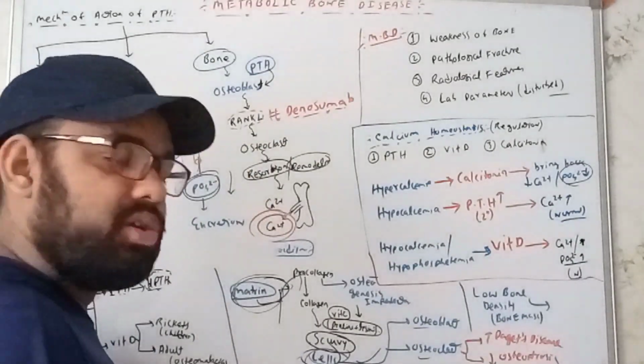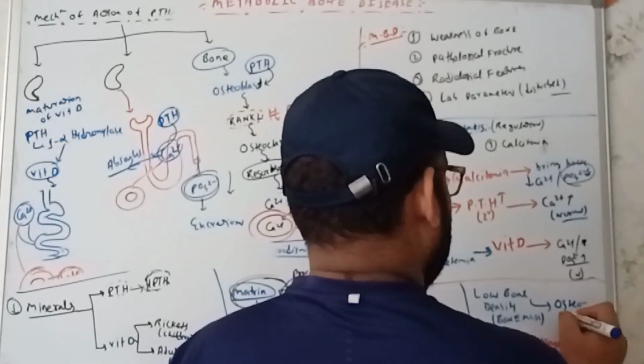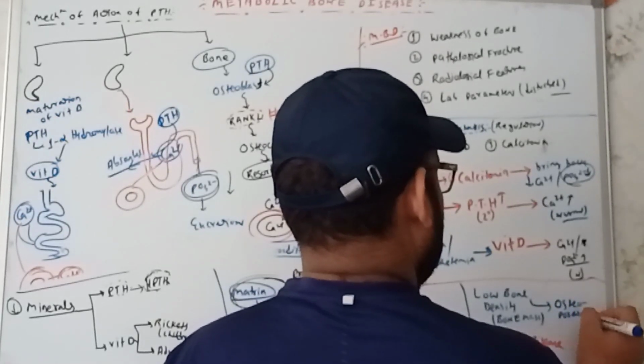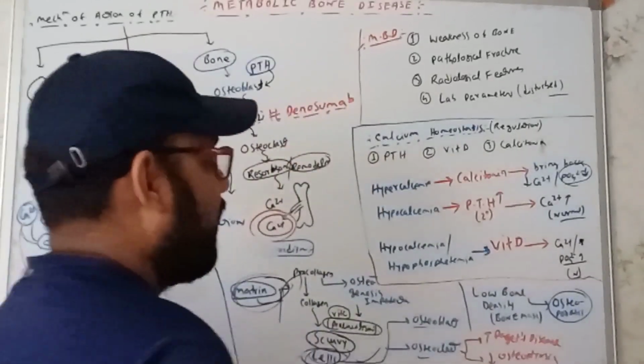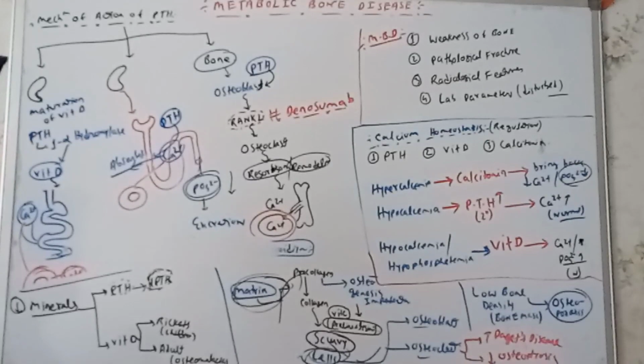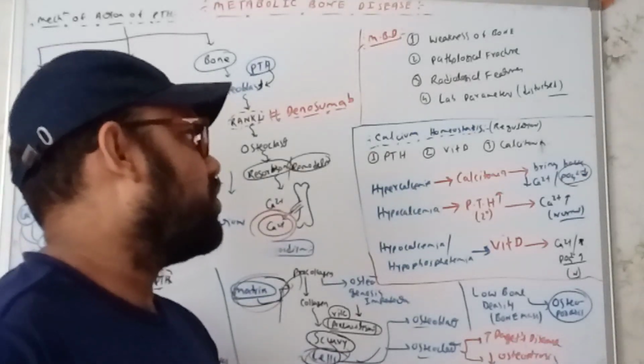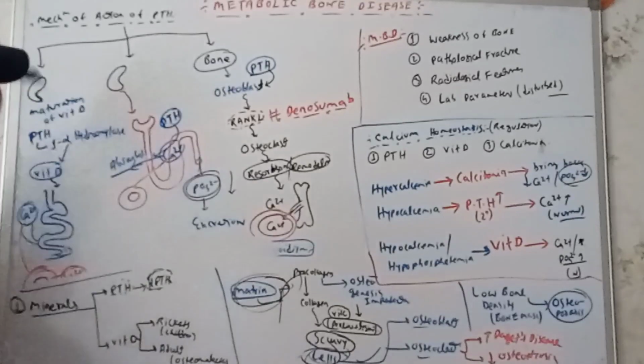That is osteoporosis. Osteoporosis will develop in elderly individuals because their bone density will be less. So of course the chance of fracture for these individuals will be much more, and that is nothing but osteoporosis. So these are the disorders.